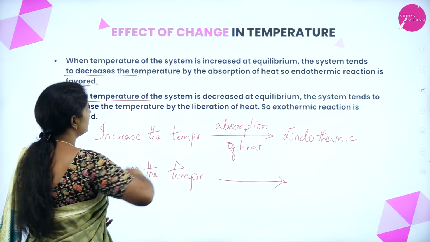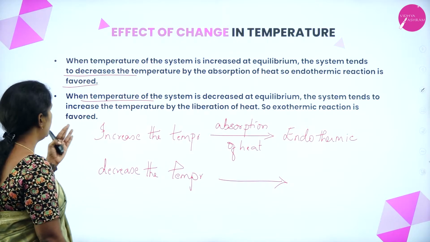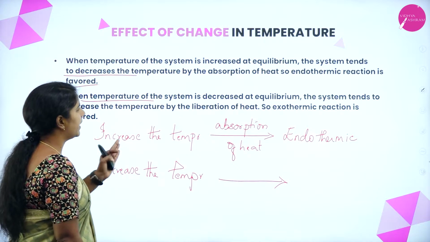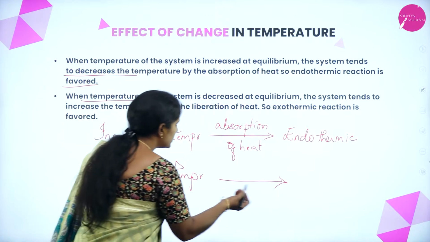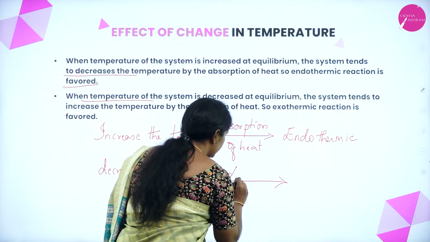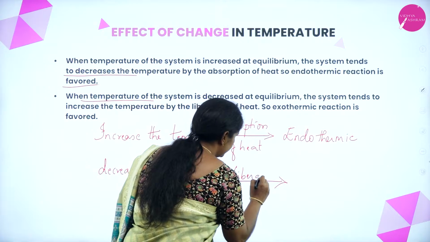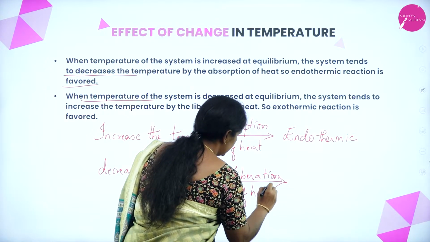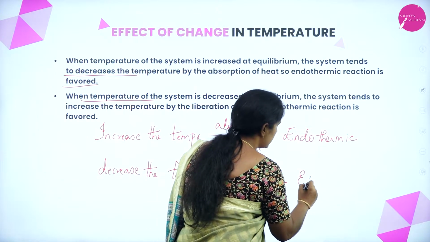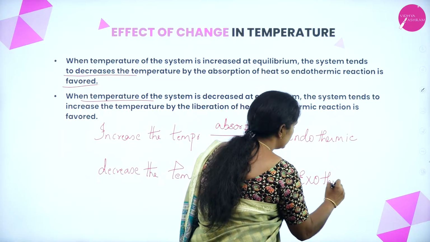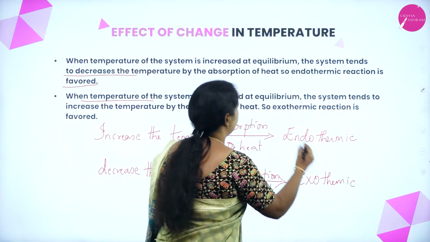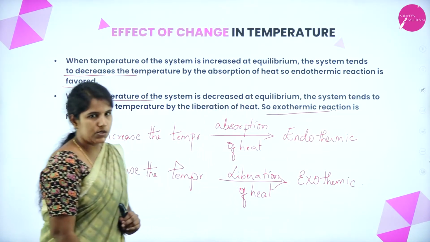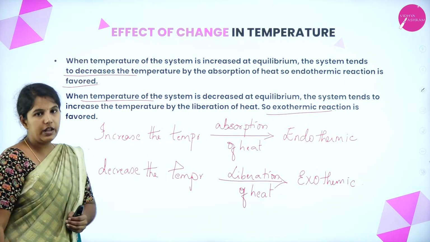When the temperature of the system is decreased, the system tends to increase the temperature by the liberation of heat, which is nothing but an evolution of heat, so that it favors the exothermic reaction. Exothermic reactions will be favored.